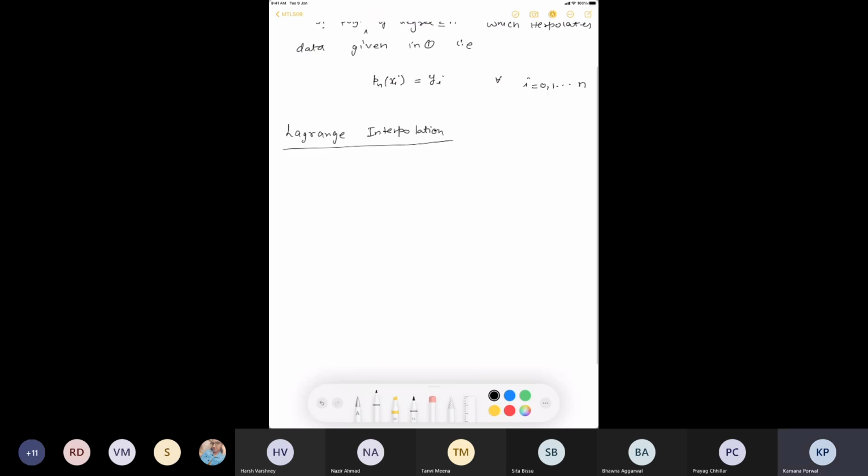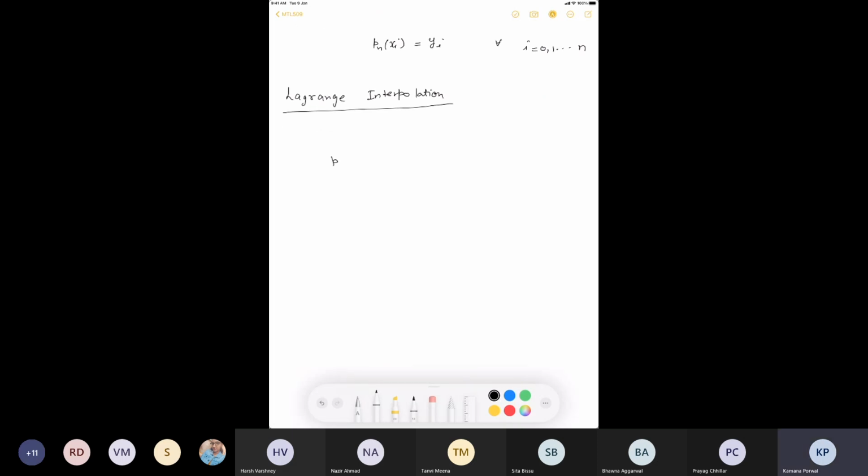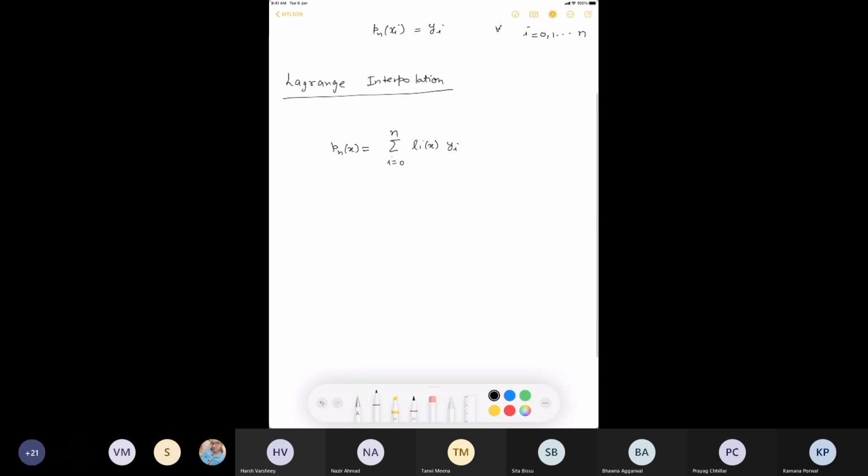So what is the Lagrange form of the interpolating polynomial? We have Pn(x) has this representation. We can write this as Pn(x) is the summation of Li(x) into yi, where i is running from 0 to n. And what are these functions Li(x)?